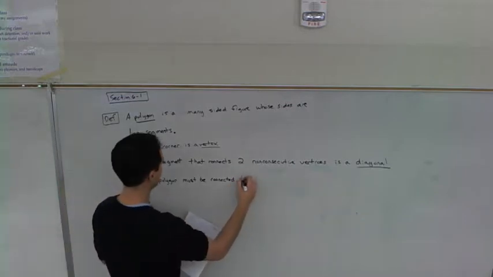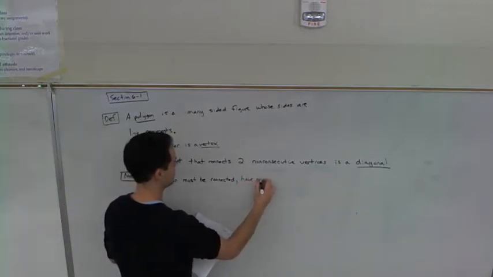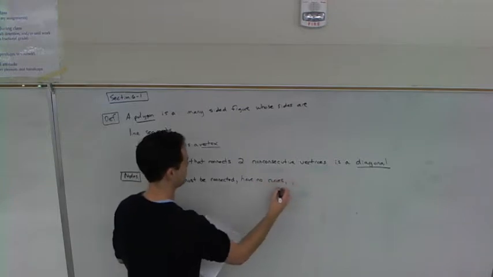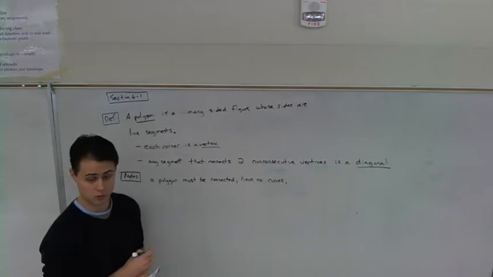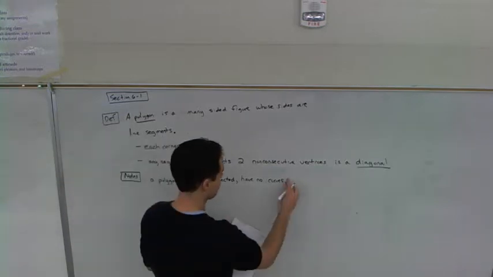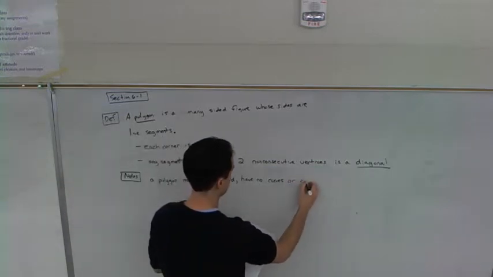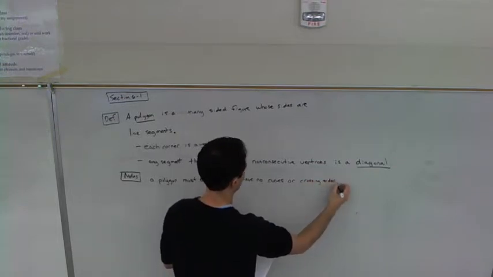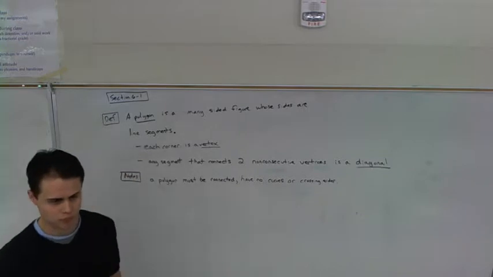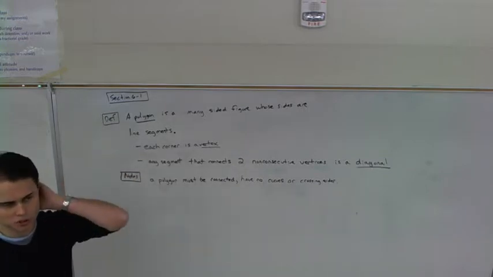It can't have any curves. No curved, everything has to be straight. And it also can't have any sides that cross, so that they make more than one polygon. So it can't have any intersections. Yeah, no intersecting stuff. We'll see what that looks like.